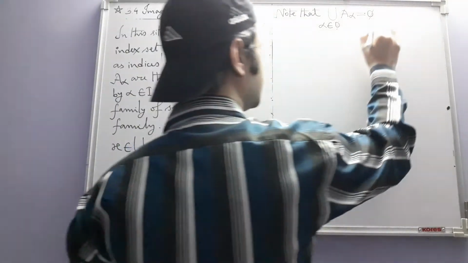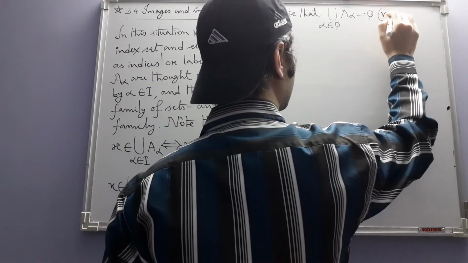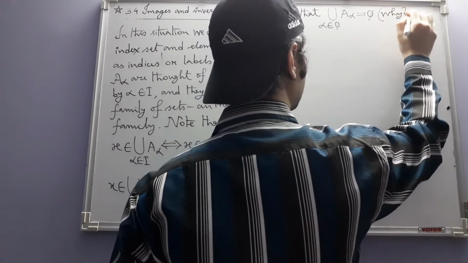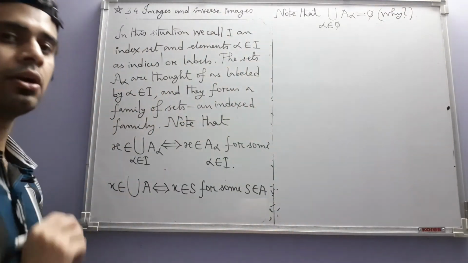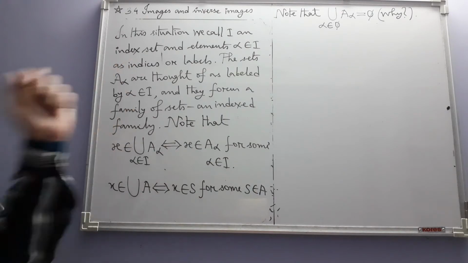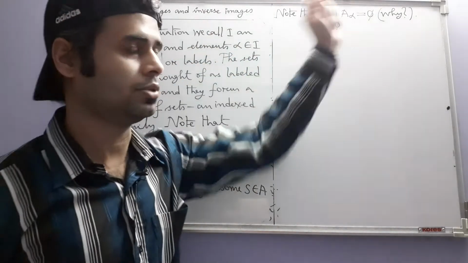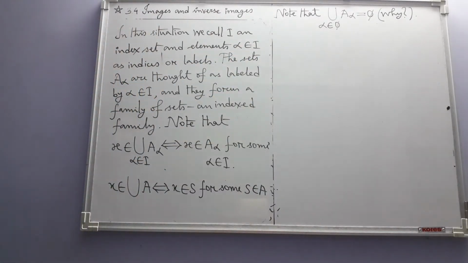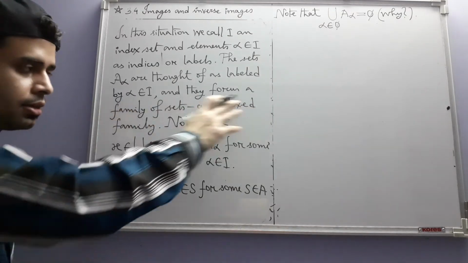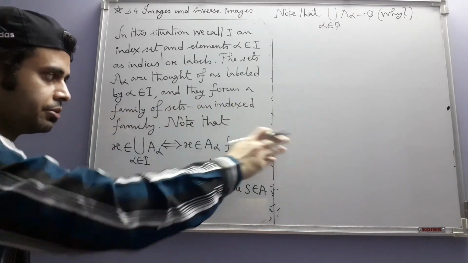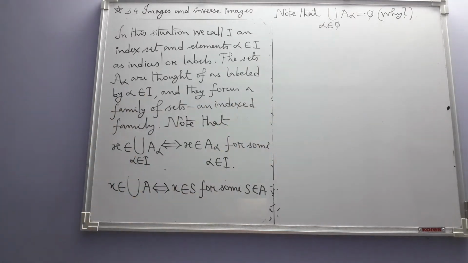And the question is why? This, however, I will not answer. I want you to think about why this is empty. Okay, so this is about union, the axiom of union, and some consequences of that.